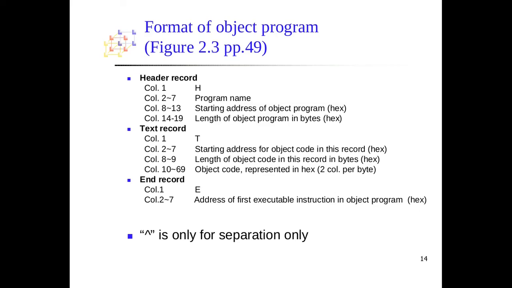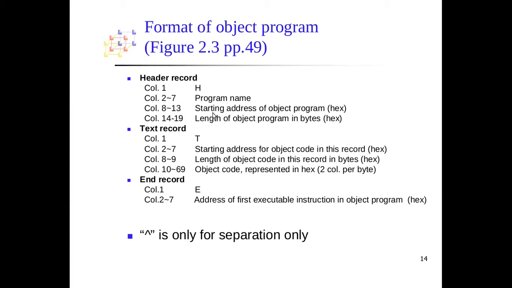In the last class, we discussed the record formats that can be used in the SIC assembler: the header record, the text record, and the end record. In the header record, the first letter will be H, and columns 2 to 7 specify the program name.